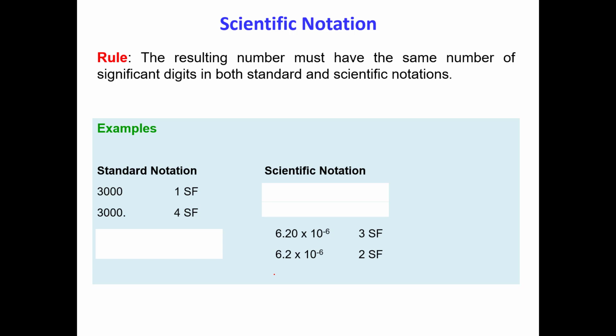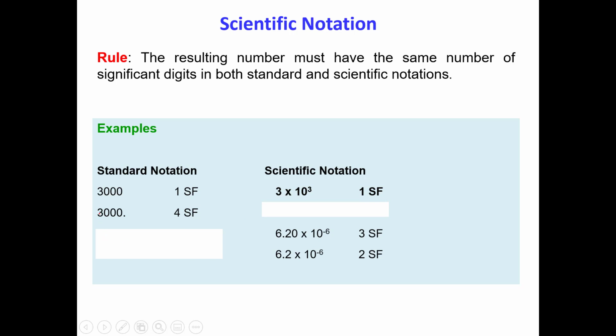In this case we have 3000, but here we have one significant digit because we don't have an explicit decimal point. If we want to write this number in scientific notation, it will be 3 × 10 to the power 3. One significant digit, one significant digit.